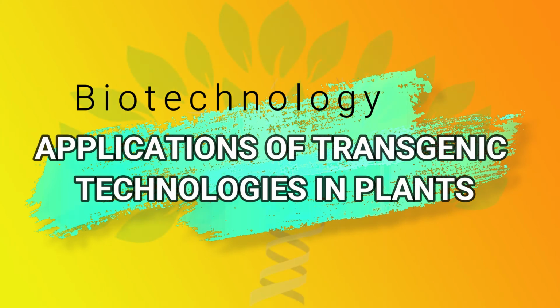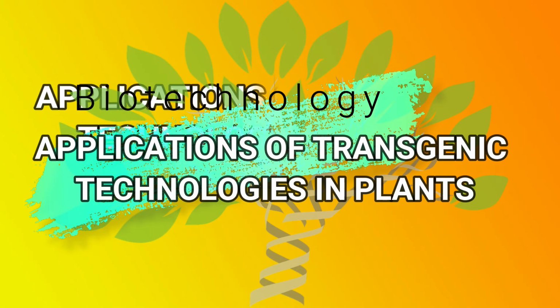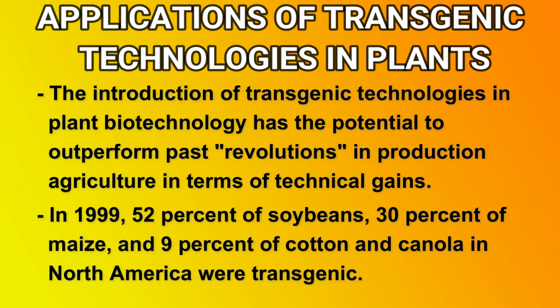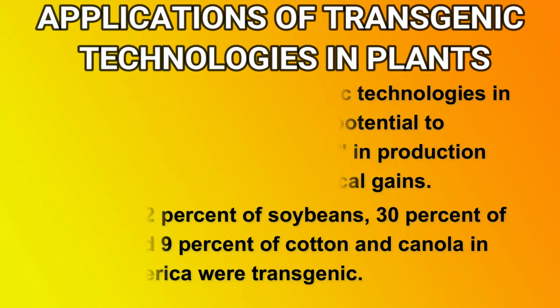Applications of transgenic technologies in plants. The introduction of transgenic technologies in plant biotechnology has the potential to outperform past revolutions in production agriculture in terms of technical gains. In 1999, 52% of soya beans, 30% of maize, and 9% of cotton and canola in North America were transgenic.